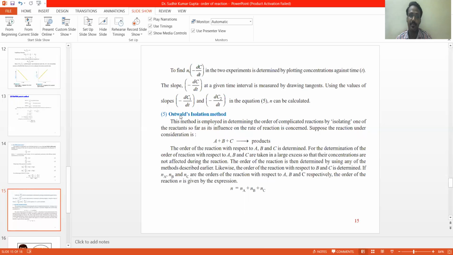Then finally we come to the last method, that is Ostwald isolation method. In this method, we are using the concept of pseudo order reaction.